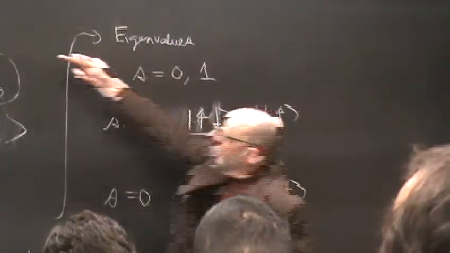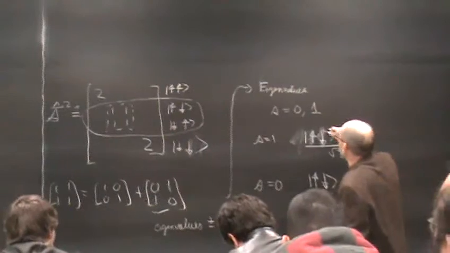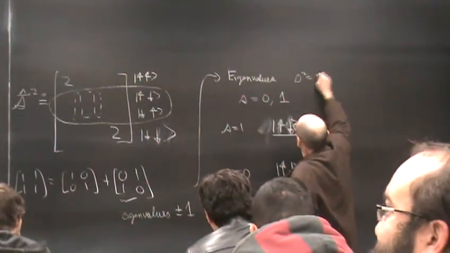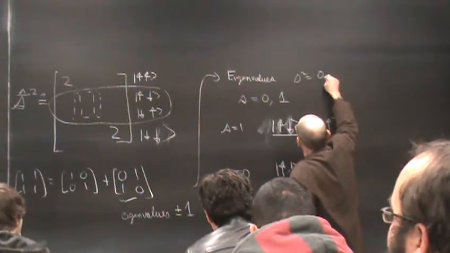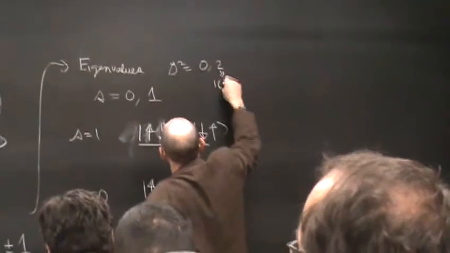And then these are also eigenvectors. The eigenvalues of that matrix, S squared, are 0 and 2, right?